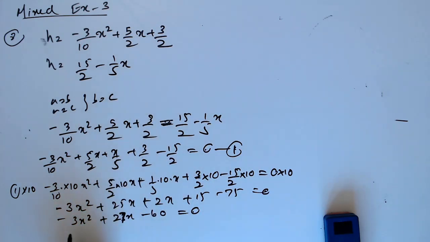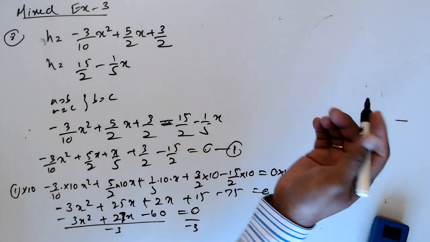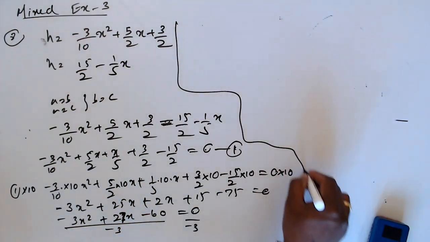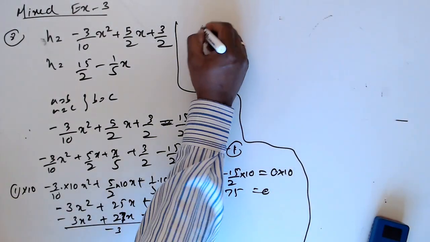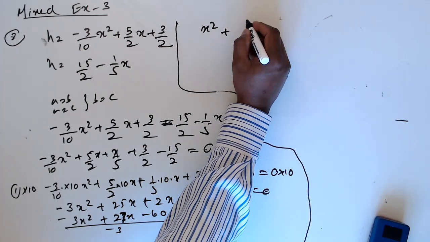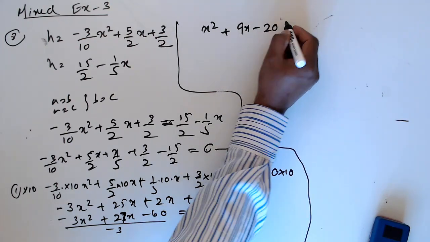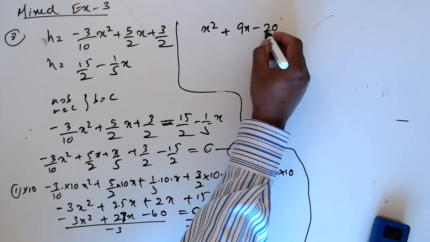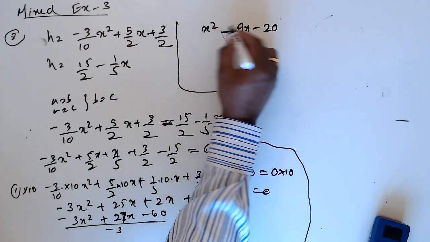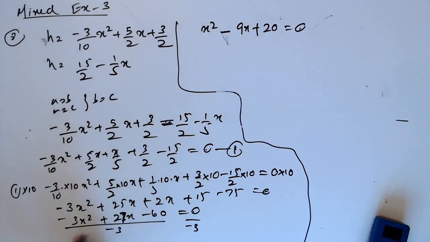Now I can divide both sides by minus 3, then x square minus 9x plus 20 equals 0. The sign will change.